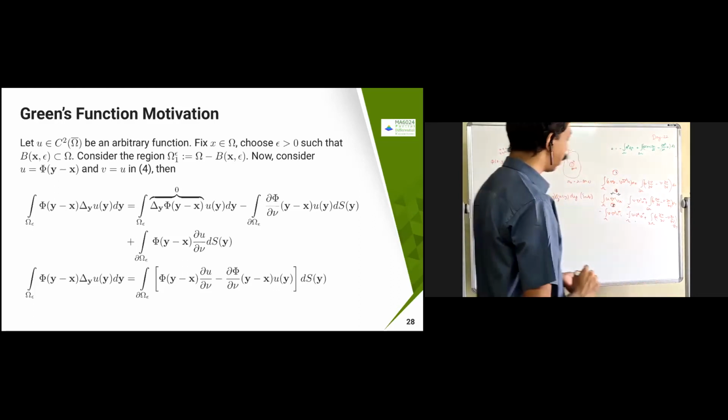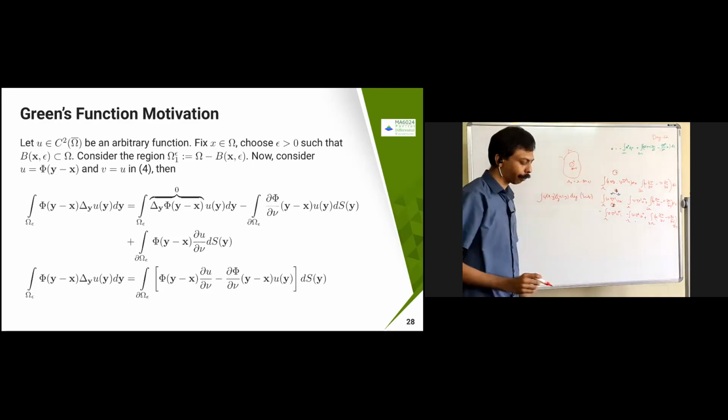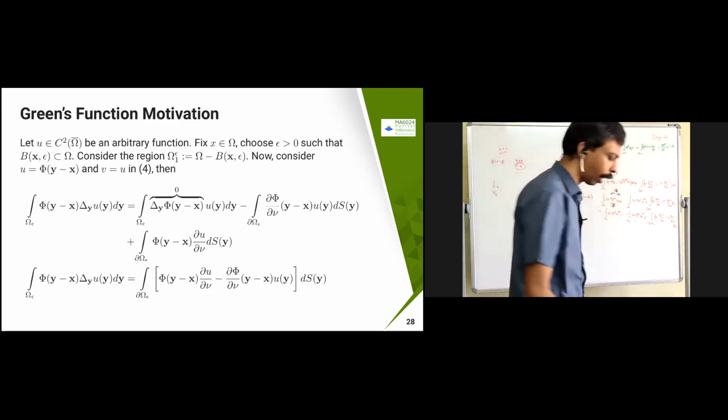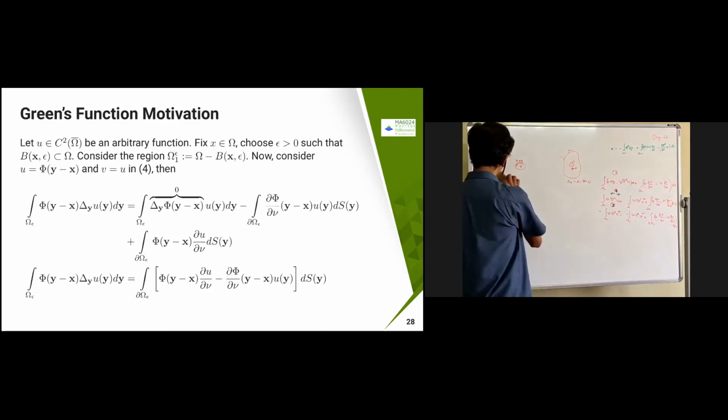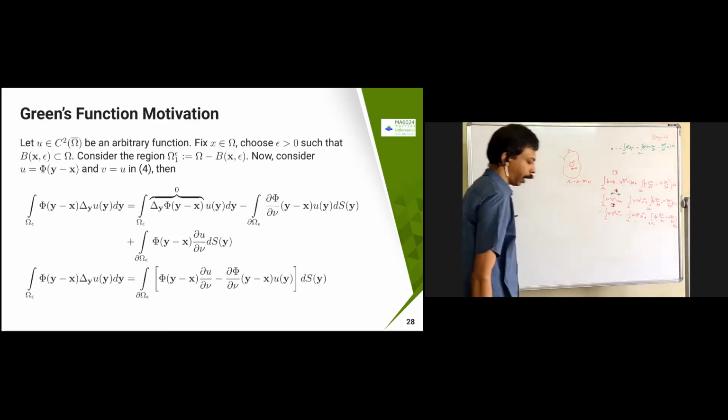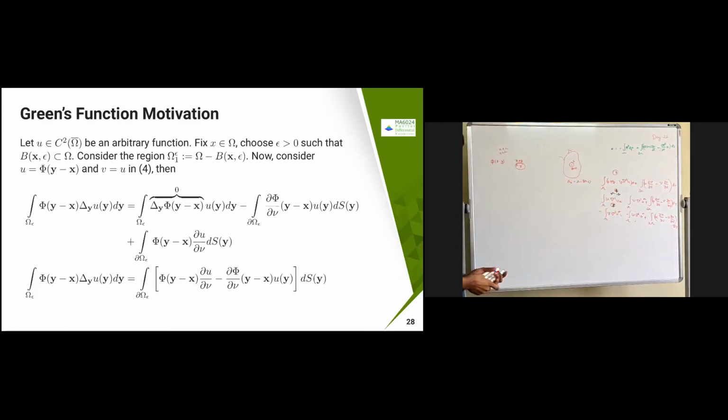Now, I'm going to consider this equation. Let's see, the L epsilon, K epsilon which we derived, the same kind of logic we are going to use now. Let us derive pi of y minus x into delta y of u y dy equal to, using the same identity.